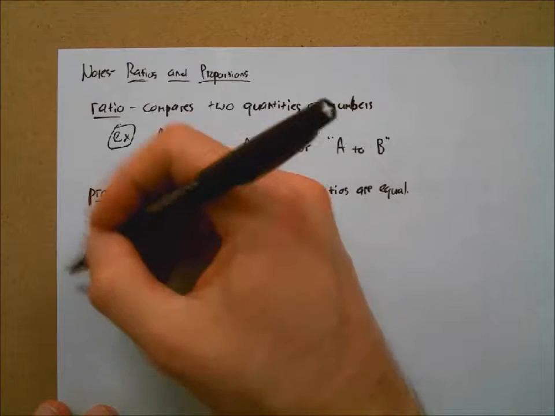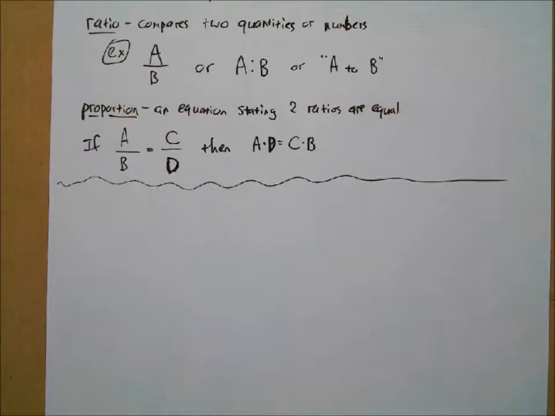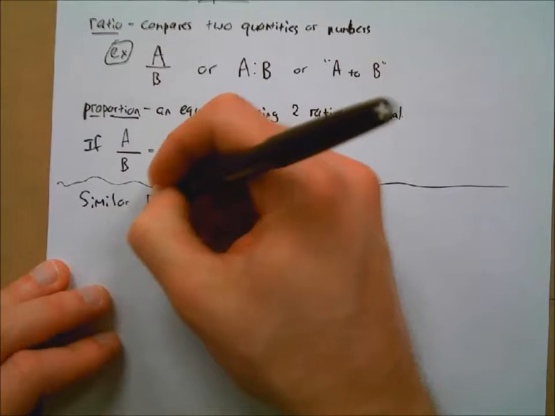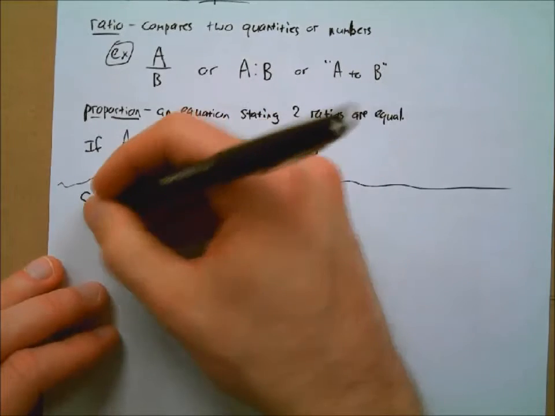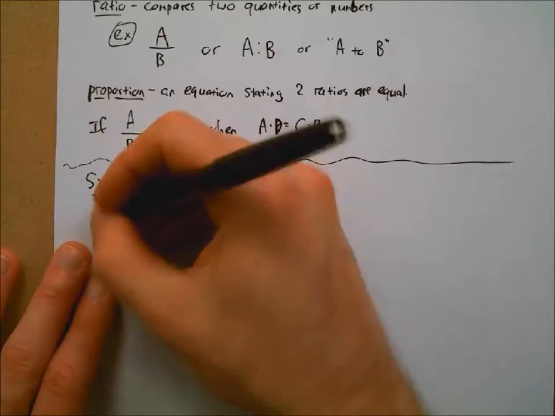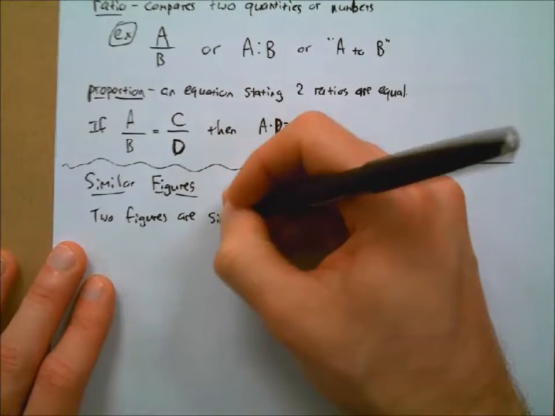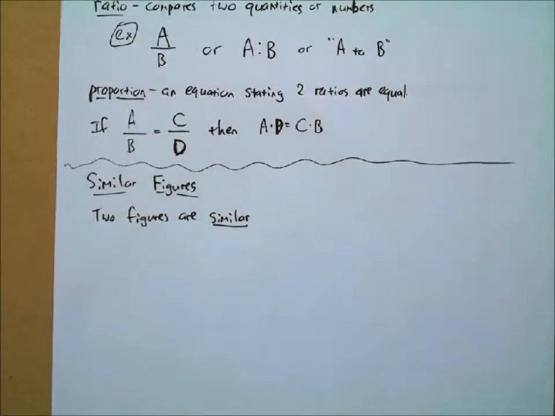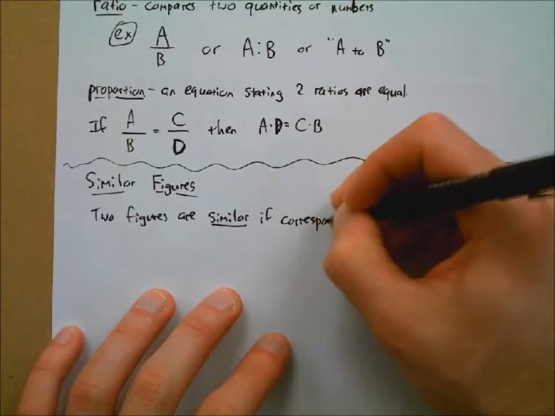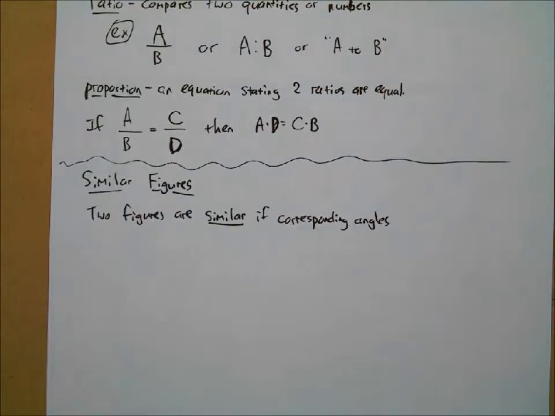Okay, so that's one little thing. And then another little thing I want to jump into, before we jump into what we're going to do today in the book, is just similar figures. We say two figures are similar if corresponding angles, and when we say that word corresponding, what's another word that we sometimes use in place of corresponding?